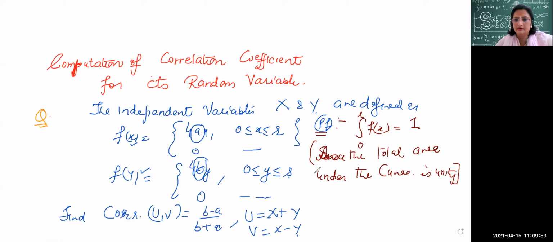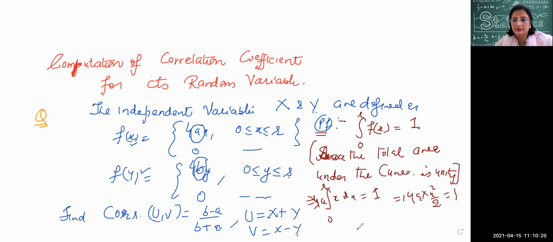So it implies, now you will put the value here. This is equal to integration 0 to r. You will put the value, that is 4a into x into dx is equal to 1, right? It implies 4a into x square by 2 is equal to 1.